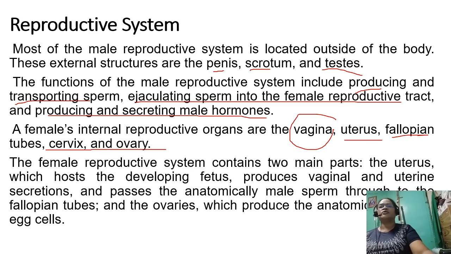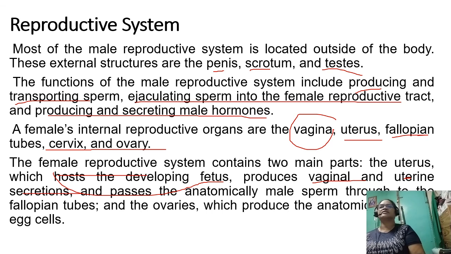The female reproductive system contains two main parts: the uterus, which hosts the developing fetus, produces vaginal and uterine secretion, and passes sperm through the fallopian tubes; and the ovaries, which produce the ova or the egg cells.